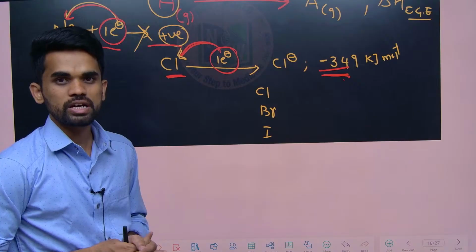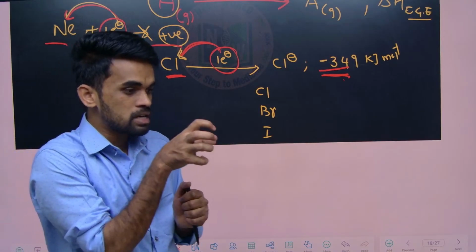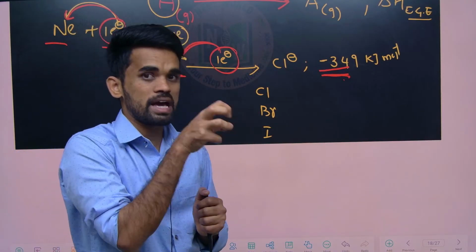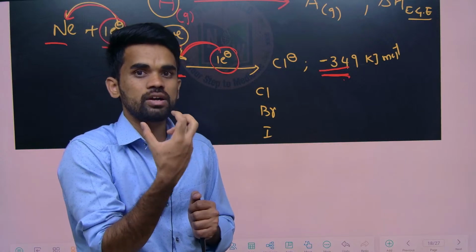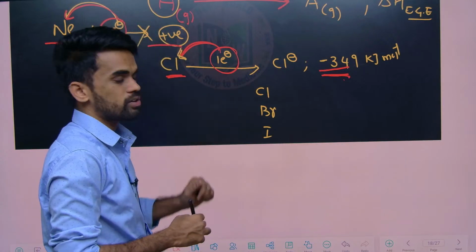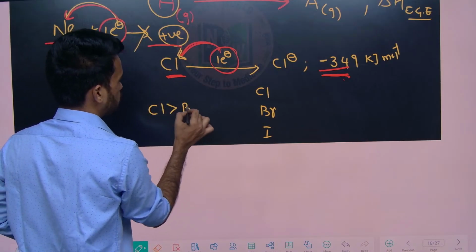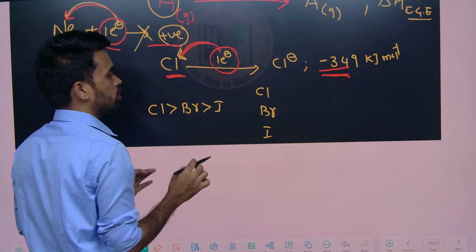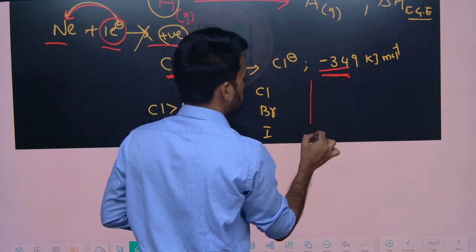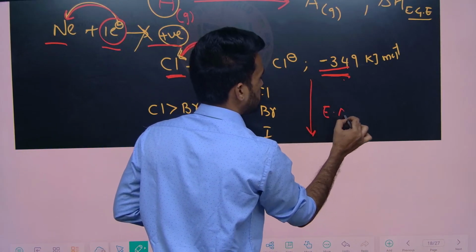More electron affinity means the ability to accept the electron. So who has more electron affinity here? You should mention chlorine, then next bromine, and the next iodine. So you can simply understand this: down the group, electron affinity decreases.